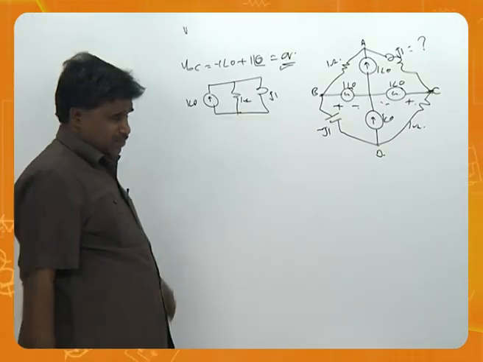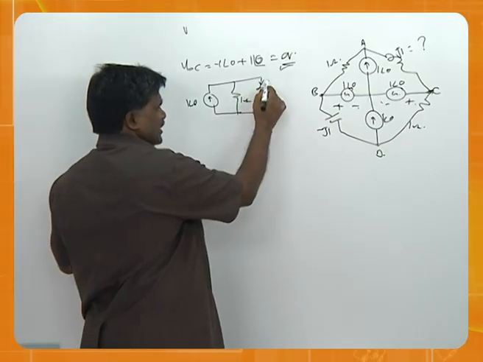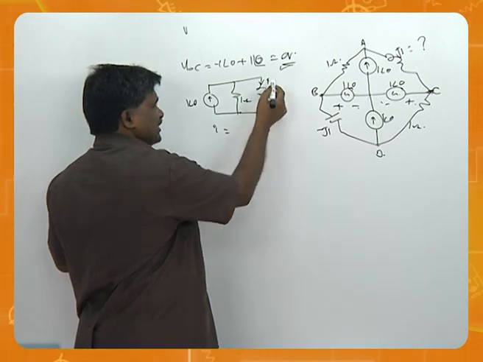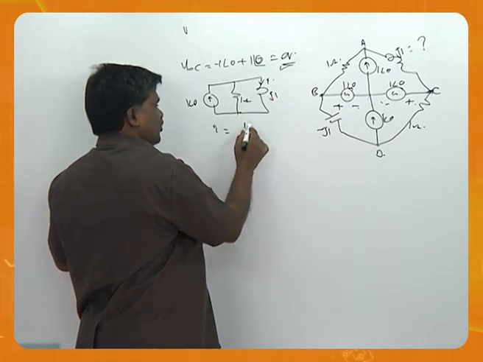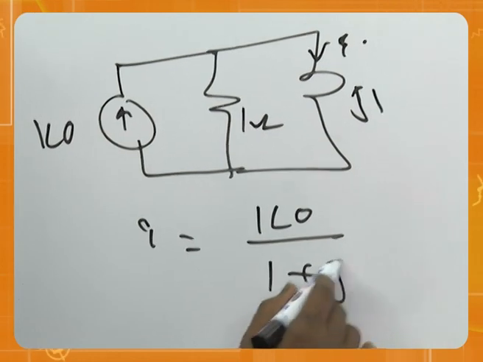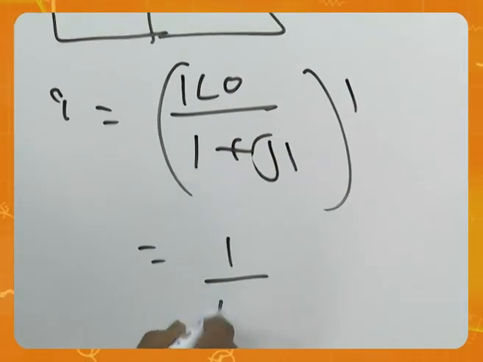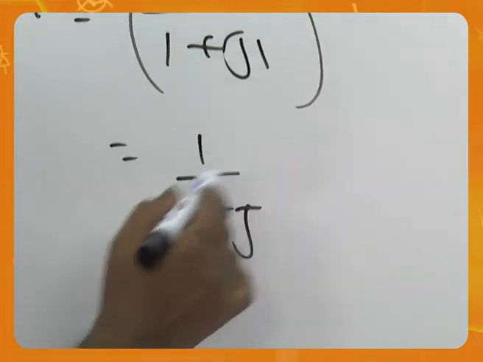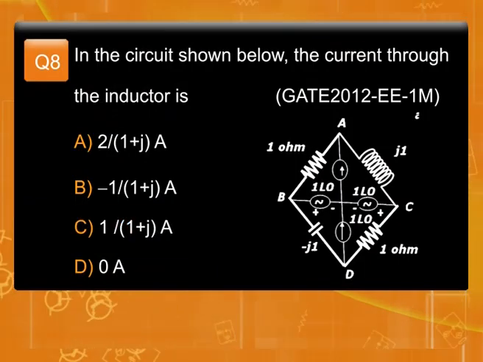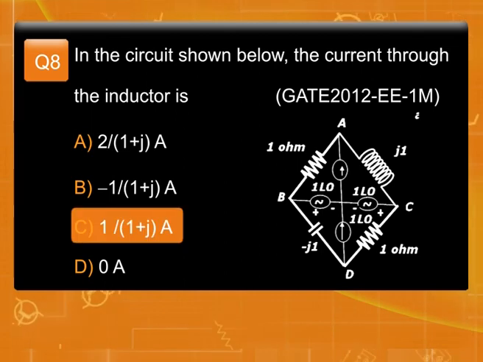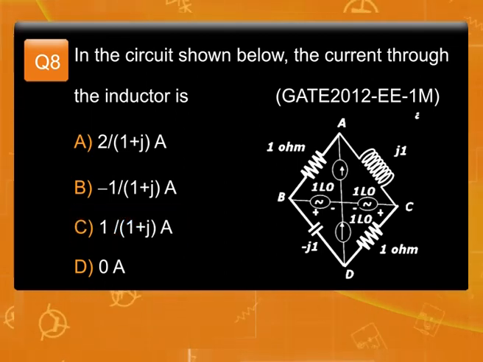There is the current divider rule. What's the total current? He is asking for the current here. So this current is equal to the total current by the total impedance into the opposite impedance. Therefore, 1 by 1 plus j. This is the answer. And when you look at the options, you can see the option is C.